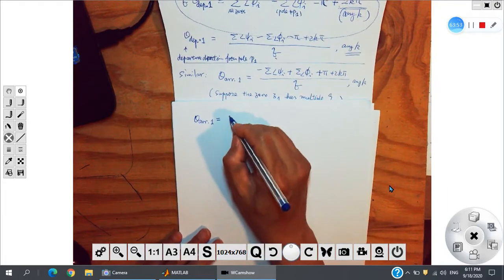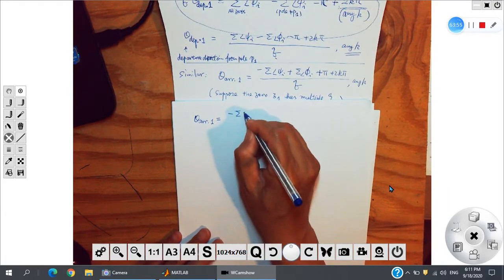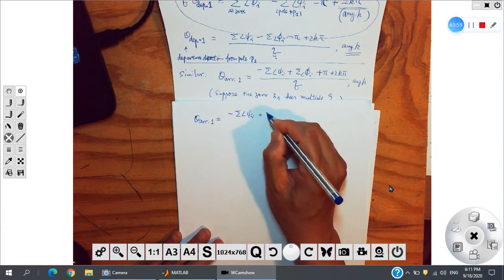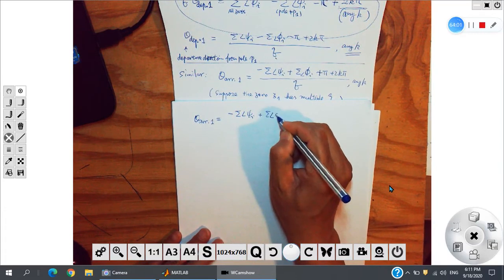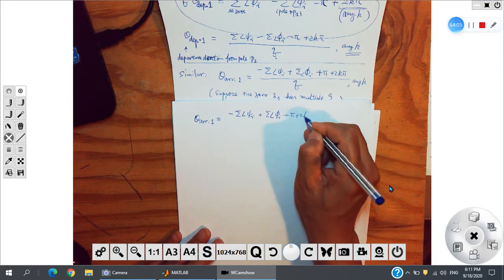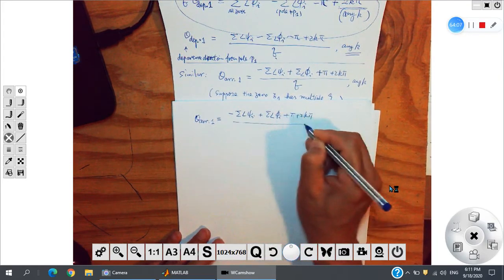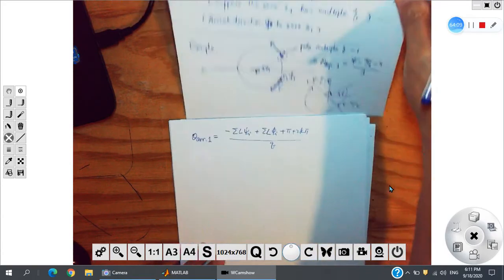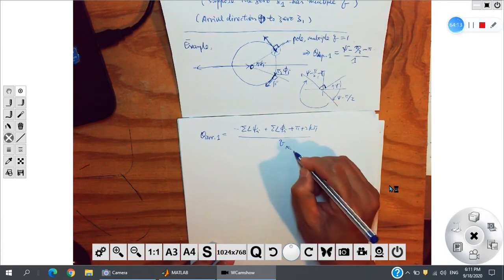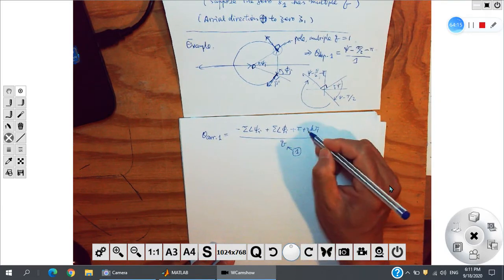It will be negative, all these angle verify and all these phi summation, plus pi plus 2k pi over q. And now q is also 1, right? Q is also 1. This is 1, so we don't need this.